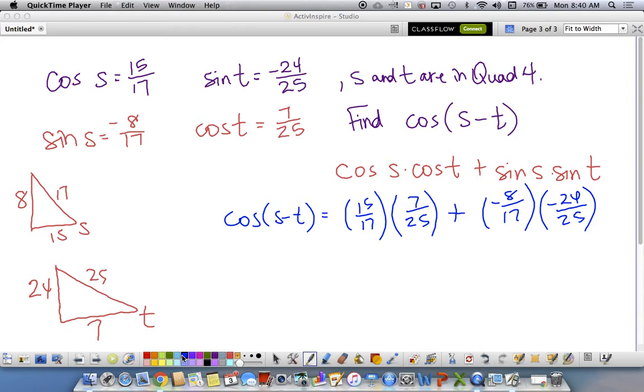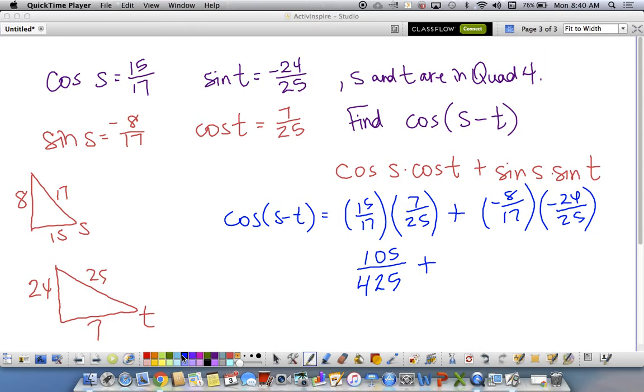So what's 15 times 7? When we do the other equations, they're not going to have the same cosine. 105 over what? 425 plus negative times a negative is going to be a positive, so it's going to be a positive sign.